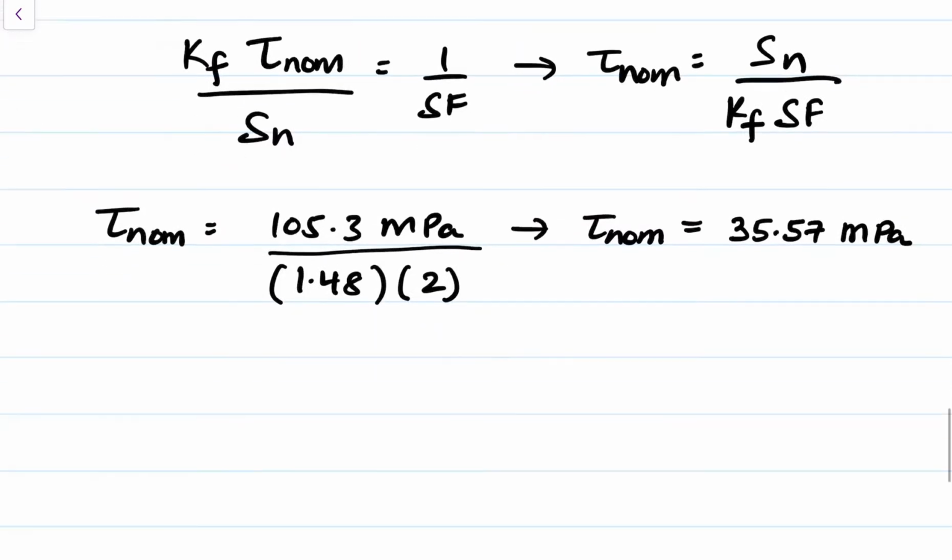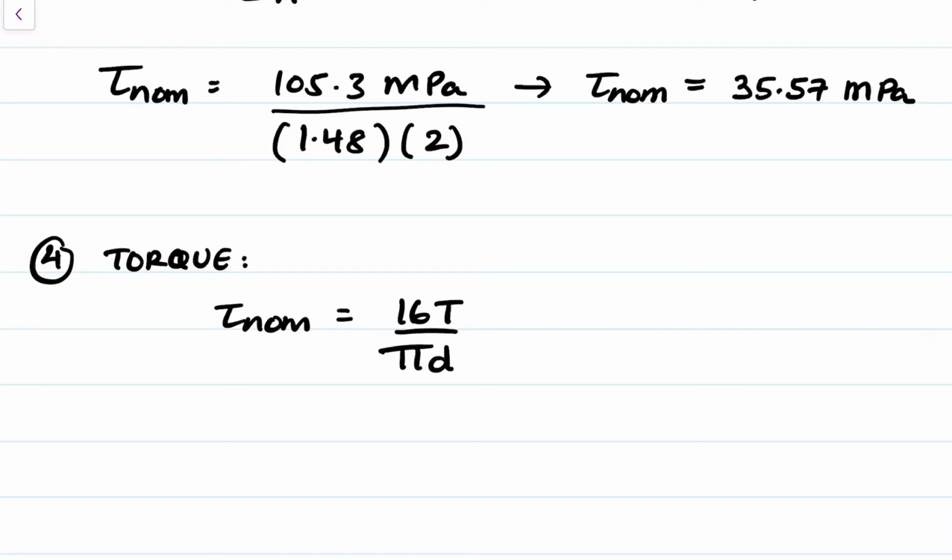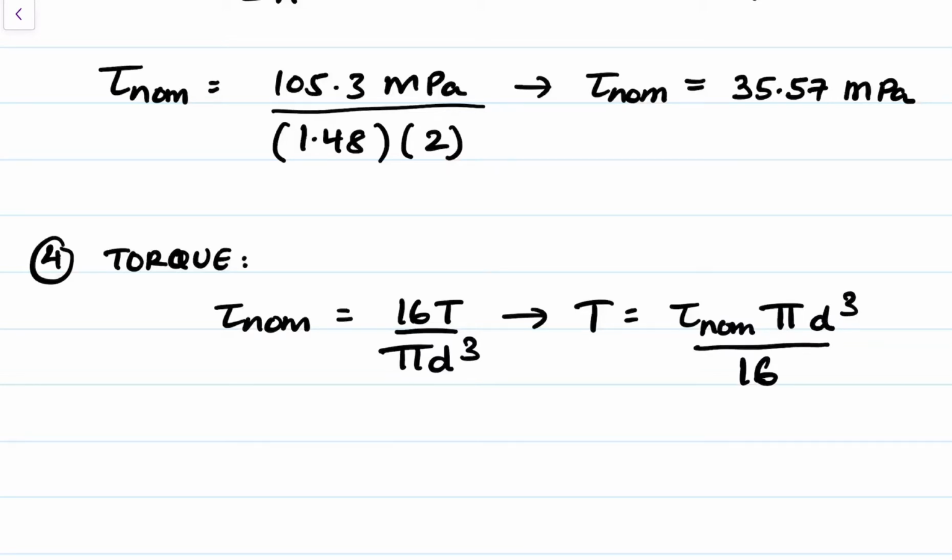And finally, calculate the torque. So tau nominal is equal to 16T over pi d cubed. Rearranging that, the torque is equal to the stress multiplied by pi d cubed over 16.